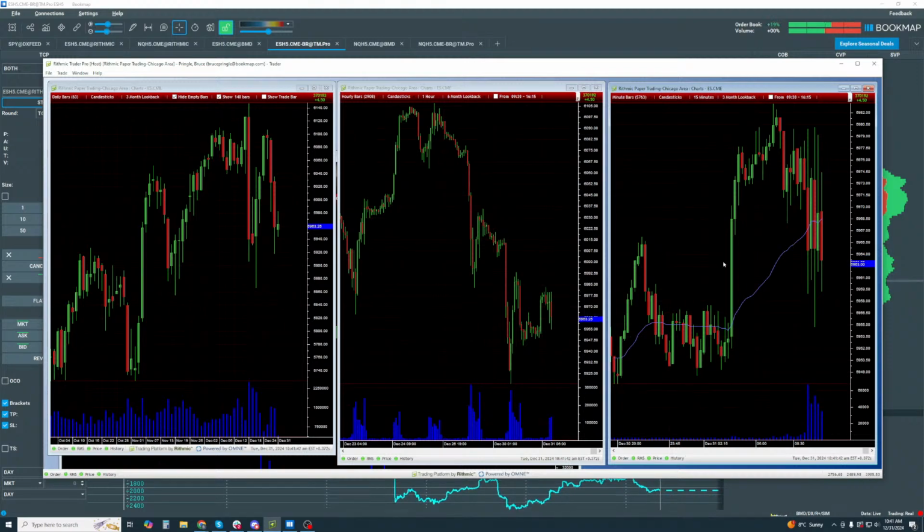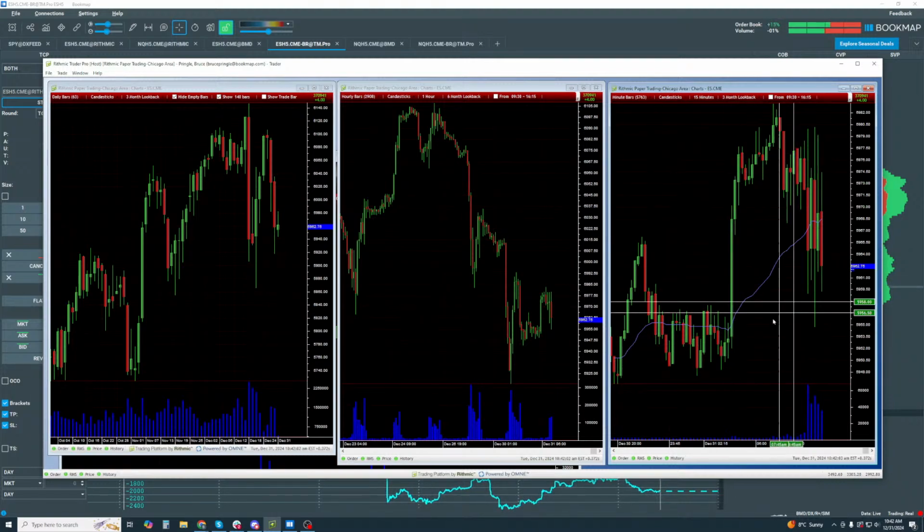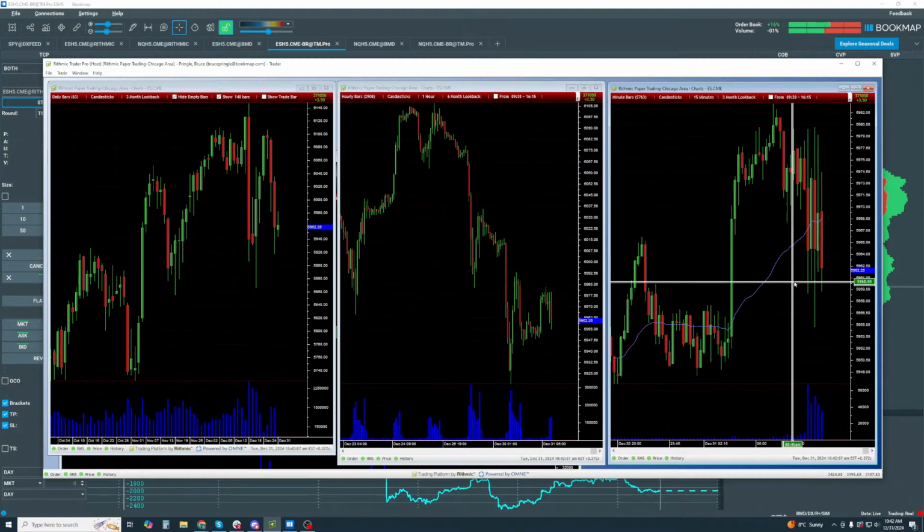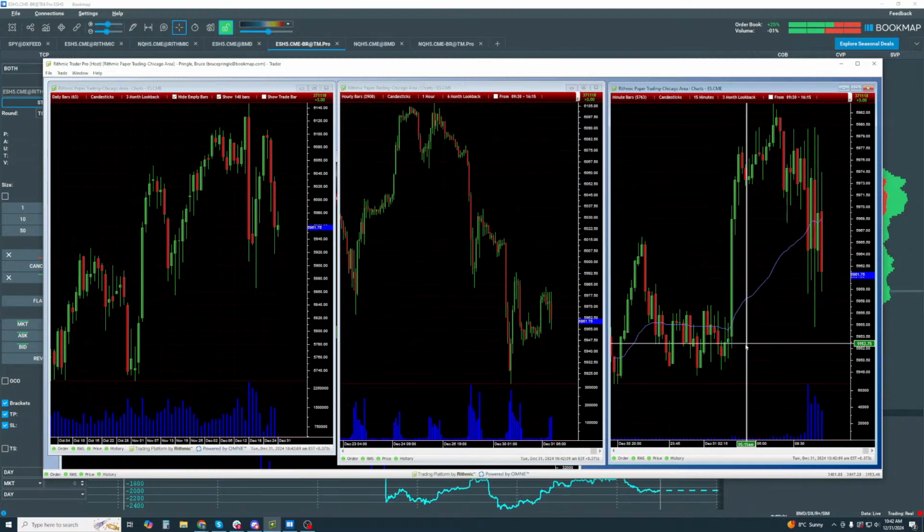The one thing that we've got going for us right now, within the bigger trend, the hourly and the daily, is the sell side here. For the 15-minute here, this is where those buyers came in, so they're controlling the price action at the moment. I am looking at a test of that area.